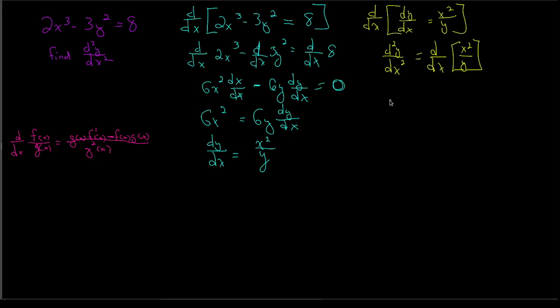So I'm going to make my upstairs u, x squared, and my downstairs v, y. Then I'm going to take the derivative with respect to x of u, which gives me 2x, and then the derivative of v, which is dy/dx.